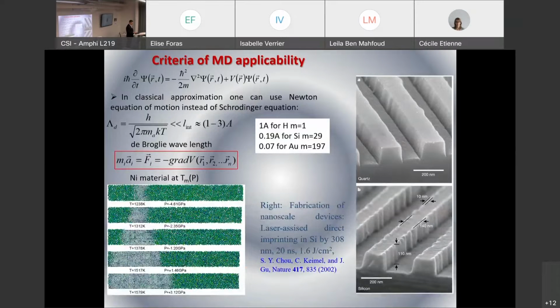So as I said, if we completely discard information about electrons from the system, we arrive from the Schrödinger equation at the classical equation of motion. And the criterion for applicability of molecular dynamics for each material can be determined from the de Broglie wavelength, if it is much less than the characteristic interatomic distance.